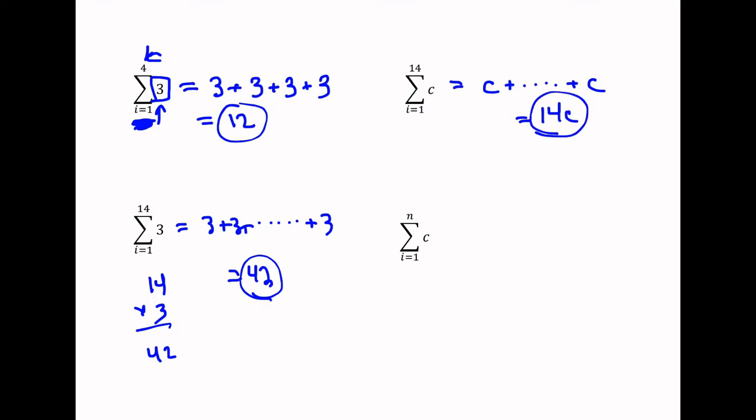And so the answer to number 5 would have been 4C, because I think that was the summation of C as I goes from 1 to 4. So that gives you a general formula for this. Pause this if you want to write it down first, because you don't need me anymore, because you figured out it's that. Or you might have written NC. It doesn't really matter, right? You're just going to write out n c's, so that's n times c, or c times n.